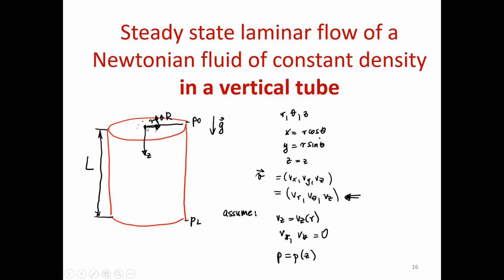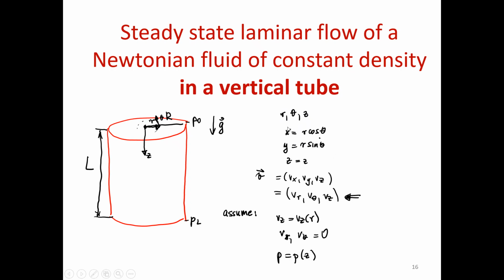So everything will depend on the radius r, which essentially defines how far I am from the boundaries that are bounding the flow, and z, because I have gravity and the pressure difference acting in that direction. So my relevant coordinates are r and z, and theta we don't really consider in this particular case.